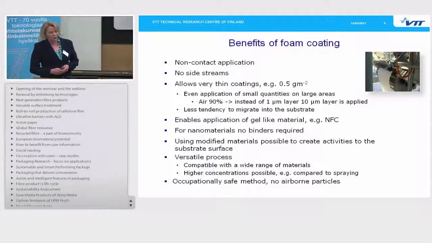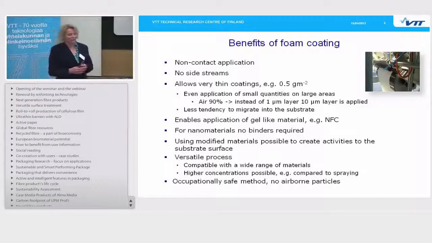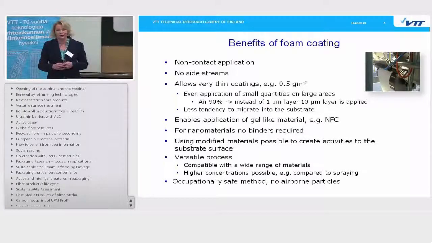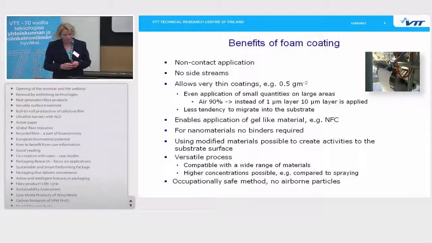This technology also allows very thin coatings, from 0 to a few grams per square meter. And we can apply these small amounts evenly to the surface, because when the foam has an air content of 90%, that means that instead of a 1 micrometer layer, we apply a 10 micrometer layer. And there is also less tendency for these materials to migrate into the substrate.